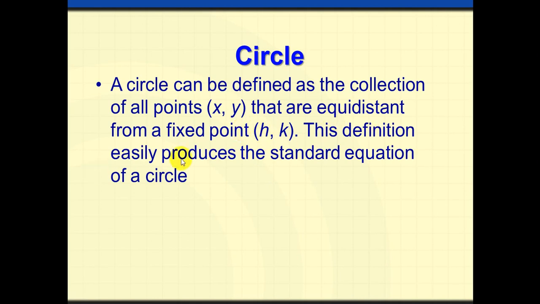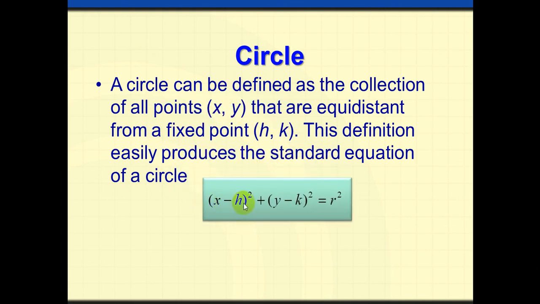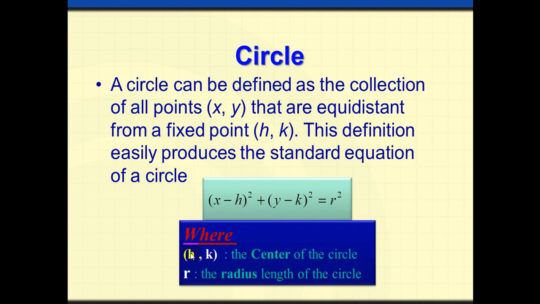This definition easily produces the standard equation of the circle. The equation of the circle as shown: x minus h all squared plus y minus k all squared equals r squared. r refers to the radius length of the circle, where h, k is the center of the circle.